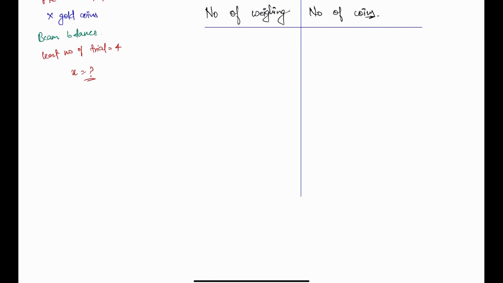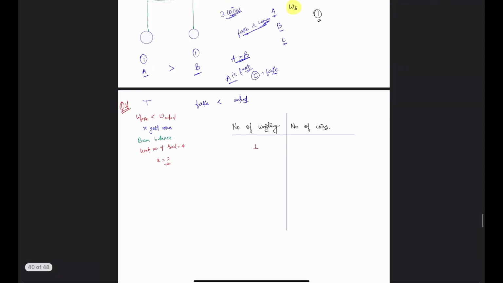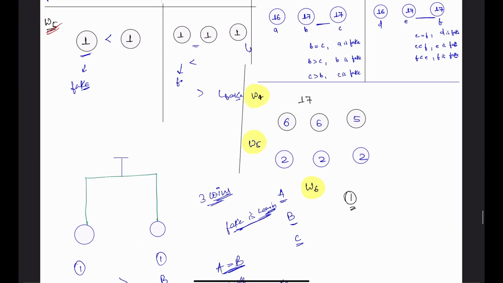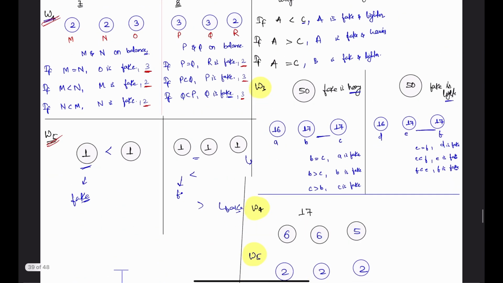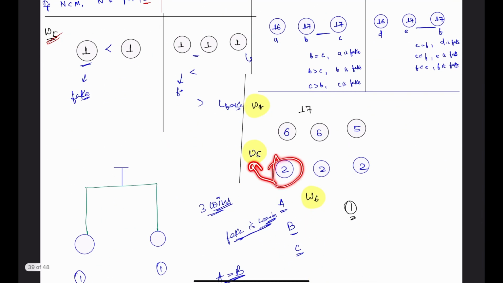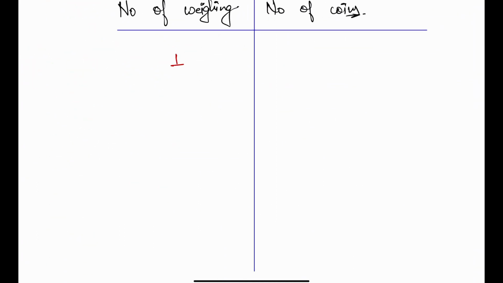This is a very nice and good question in which I made a mistake in the beginning, in the understanding. So in the first weighing, what could be the possible number of coins? If you give me 2, then I can find out the answer, and if you give me 3, then also I can find. So the answer is 2 to 3.